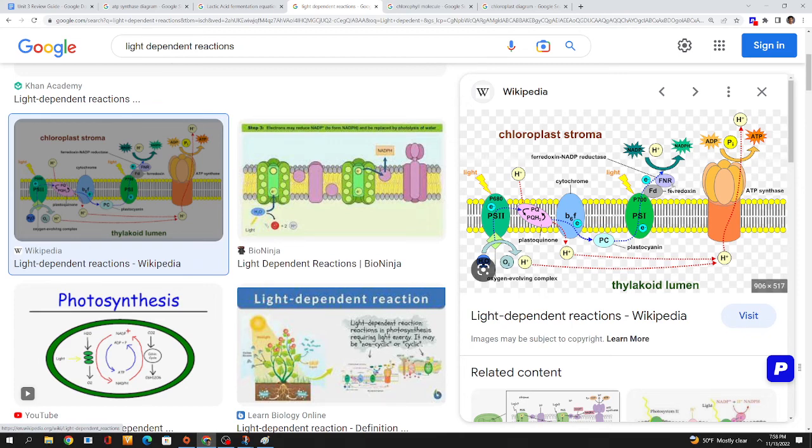NADP reductase gives NADP, which is the electron carrier acceptor in this case, the electron, and then it becomes NADP minus, and then it brings in a proton from the stroma and creates NADPH. That is going to be super important for the Calvin cycle, kind of like how NADH is used in oxidative phosphorylation. NADPH is going to be used for the Calvin cycle, so those are kind of synonymous. They act in the same way.